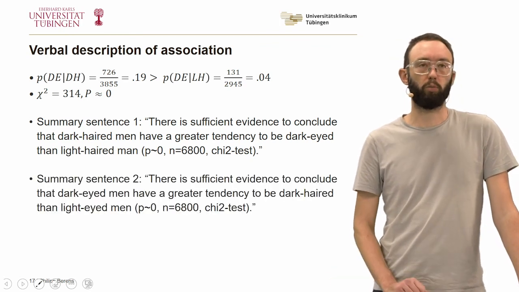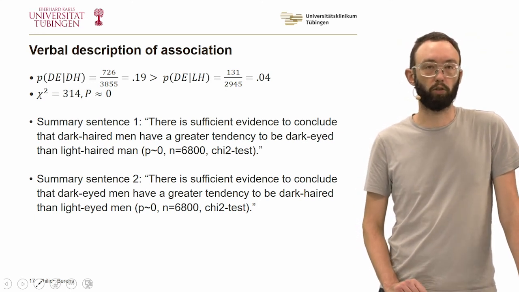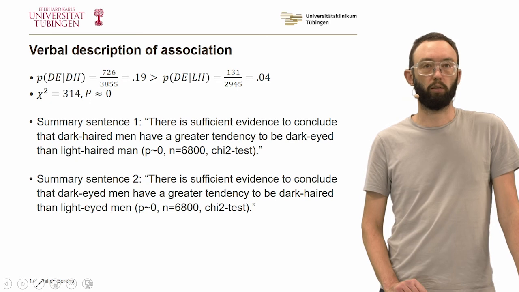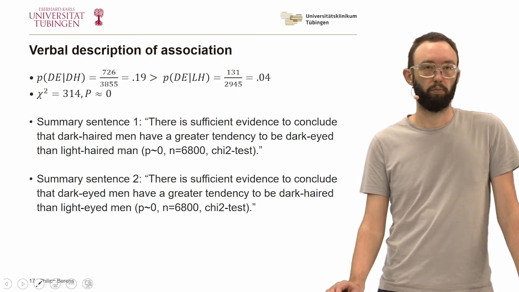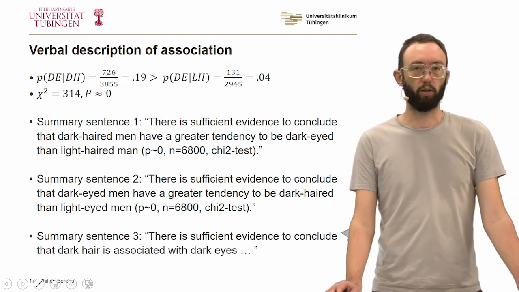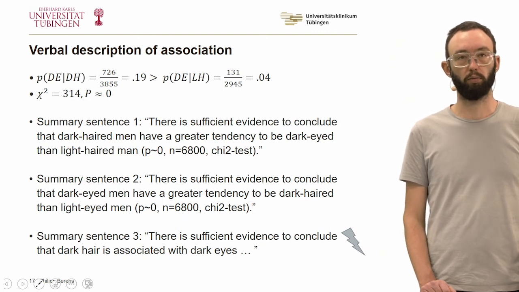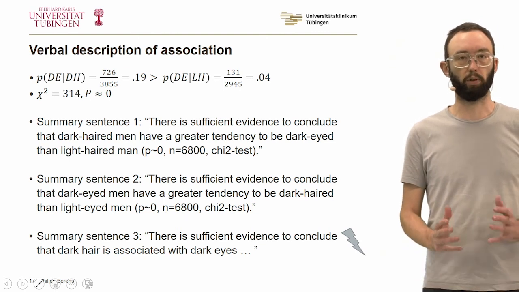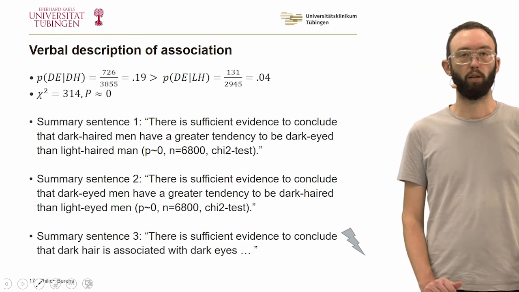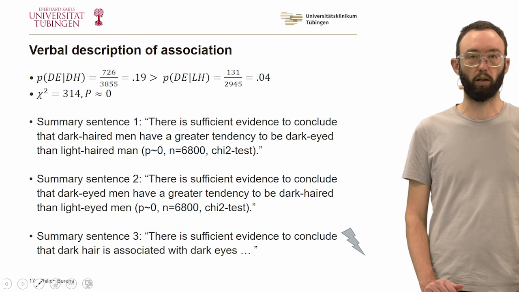Also, a valid summary sentence would be: there is sufficient evidence to conclude that dark-eyed men have a greater tendency to be dark-haired than light-eyed men. We can also say there's sufficient evidence to conclude that dark hair is associated with dark eyes, but it's a bit confusing.